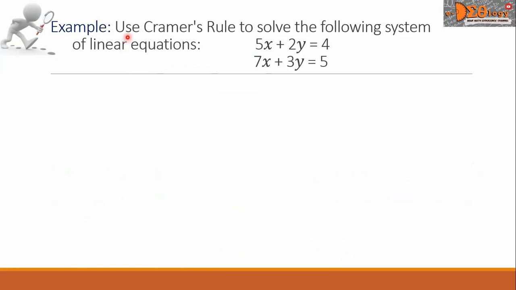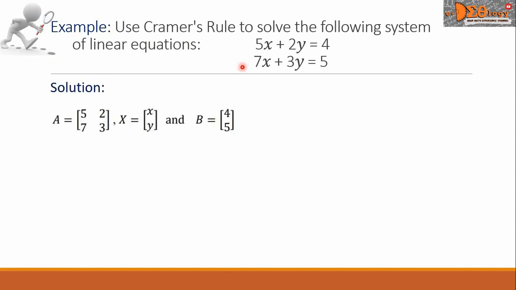Example, use Cramer's rule to solve the following system of linear equations. 5x plus 2y equals 4, 7x plus 3y equals 5. Let us write the corresponding matrices. Matrix A equals 5, 2, 7, 3 respectively. Matrix X equals the column matrix x y.